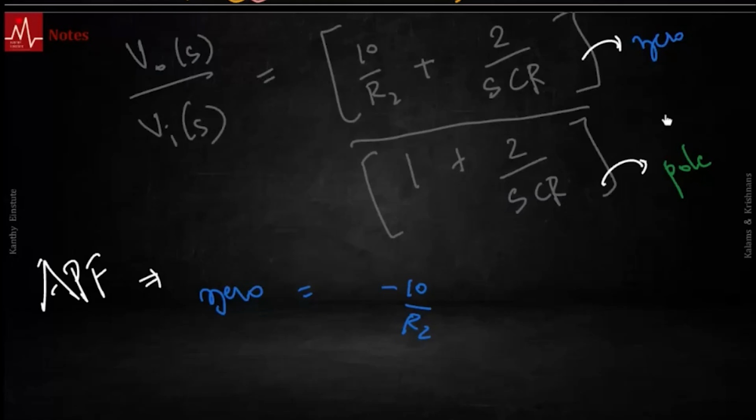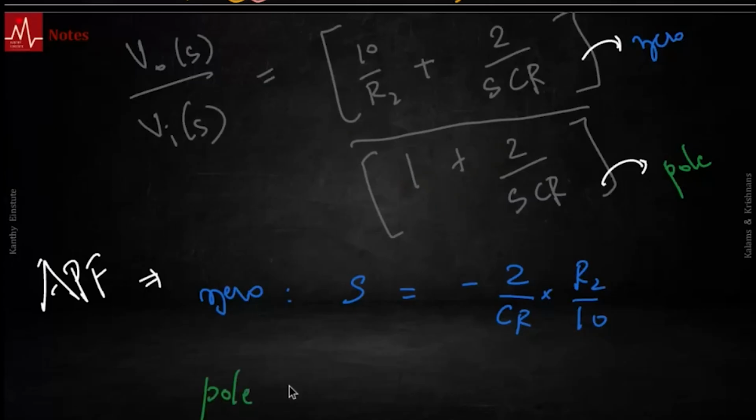Actually, minus 2 by CR, 2 by 10. That's my zero. That's the solution of the numerator. The pole is equal to plus 2 by CR.